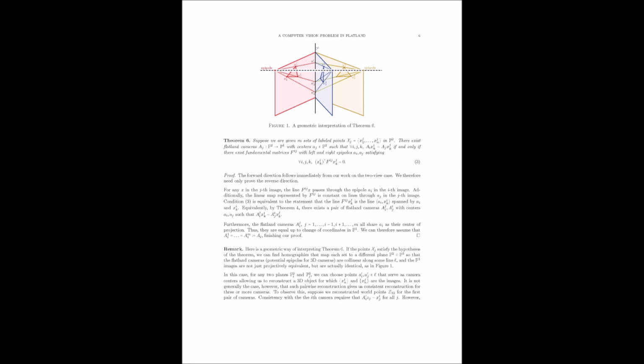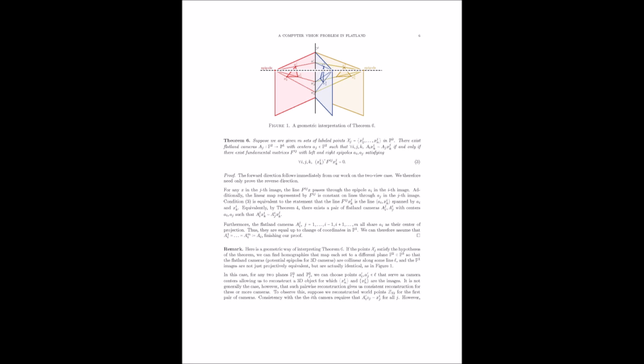And theorems 4 and 5 in the paper connect this fundamental matrix back to our Flatland problem. They essentially state that finding those special camera placements in Flatland is the same thing as finding a very specific fundamental matrix that relates those two sets of points. So it's like we're seeing two sides of the same coin. One side is Flatland and the other is our 3D world, and they're linked by this fundamental matrix.